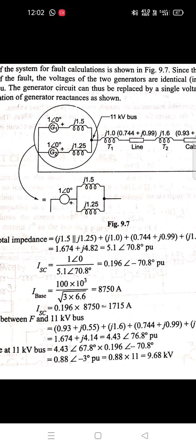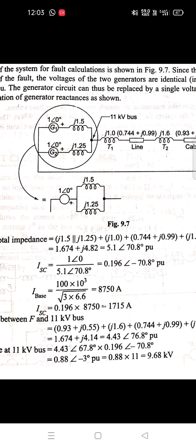But this is not the short circuit current which we were asked to get. This is in per unit system. Now again we have to convert this per unit term into the actual term. For that we first find the base current.